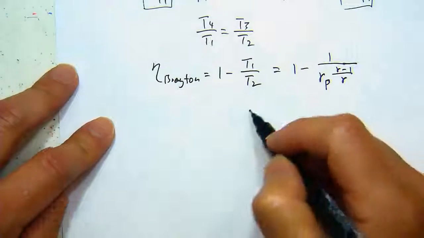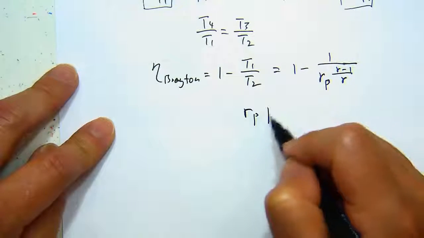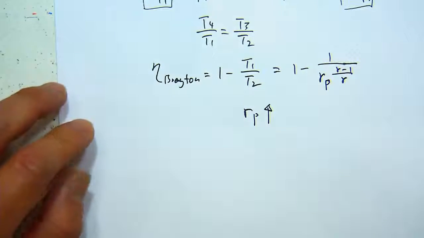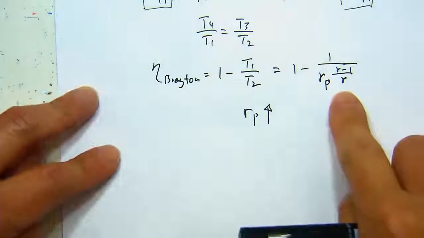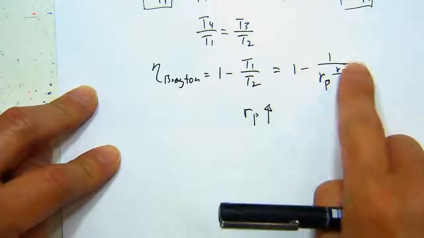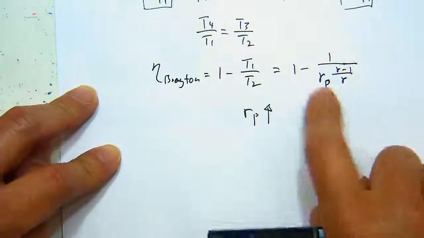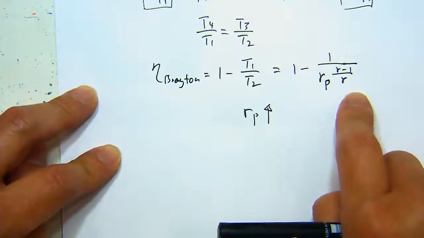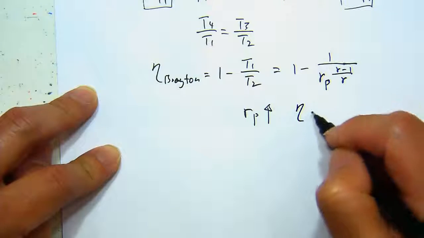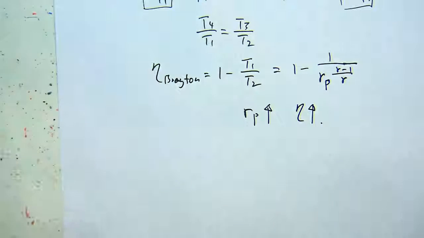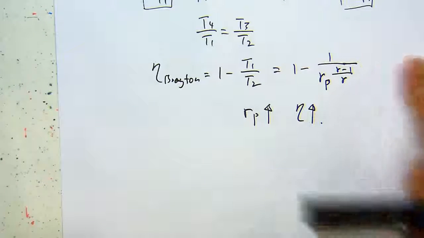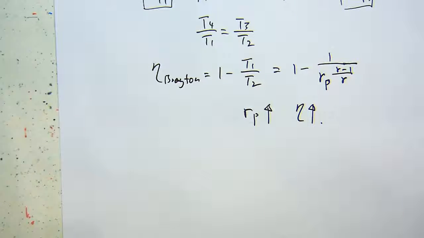Here you can directly see that if you increase the pressure ratio, this denominator will become higher, this negative term will become smaller, then the efficiency will go up. We'll come back to that in a minute. So this is the equation that we derived for the ideal Brayton cycle.